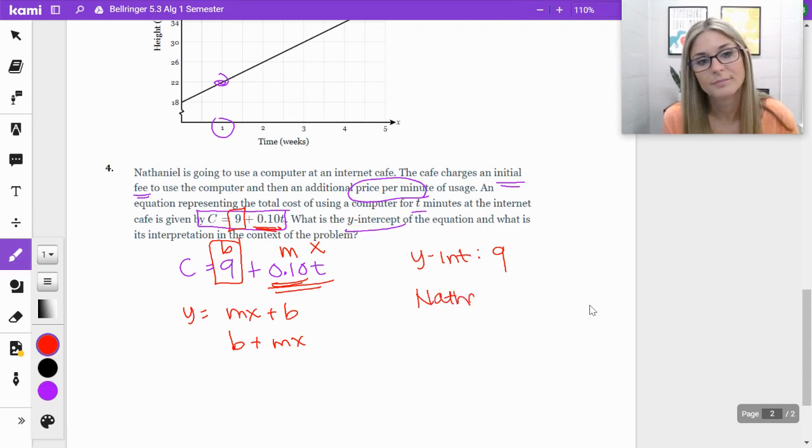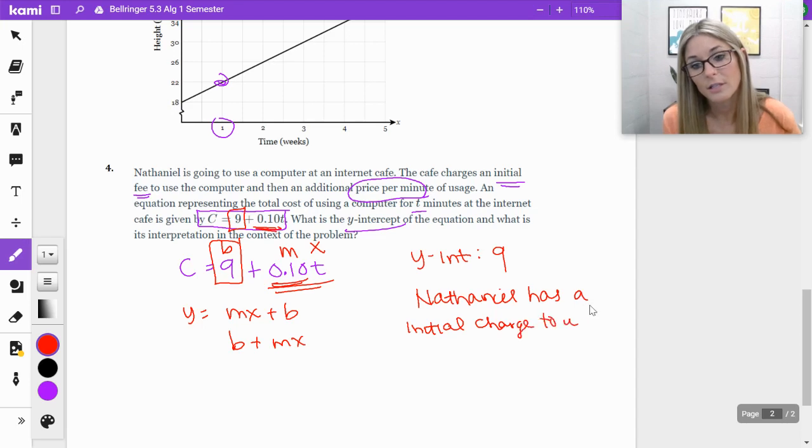Nathaniel has an initial charge to use the computer of $9.